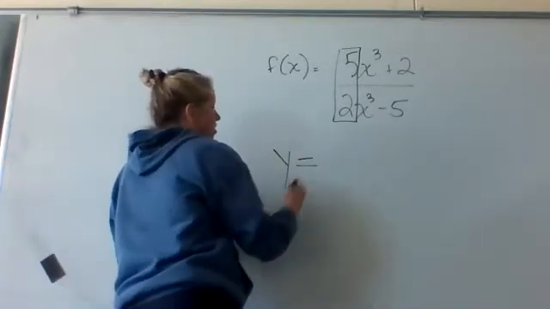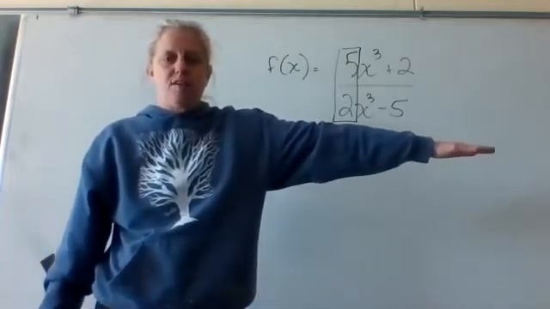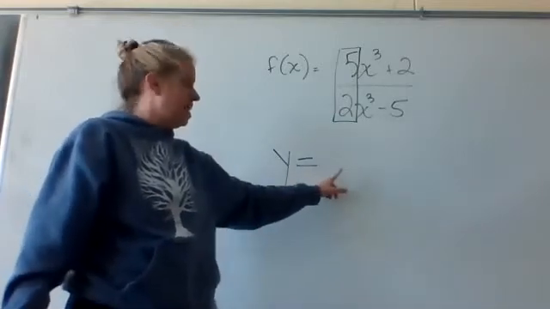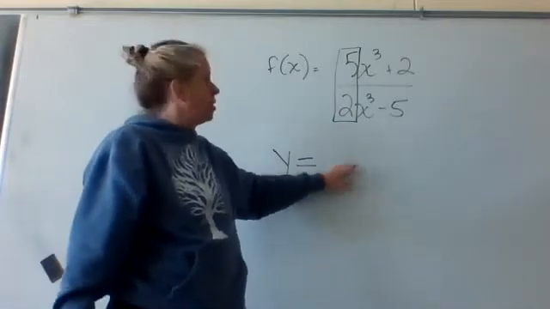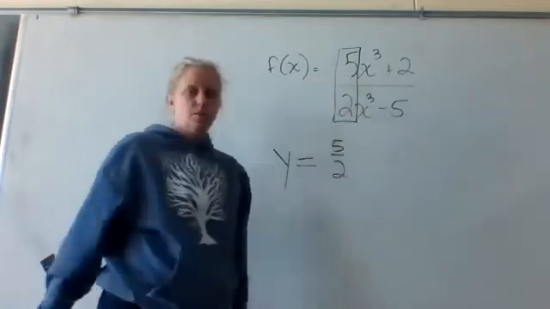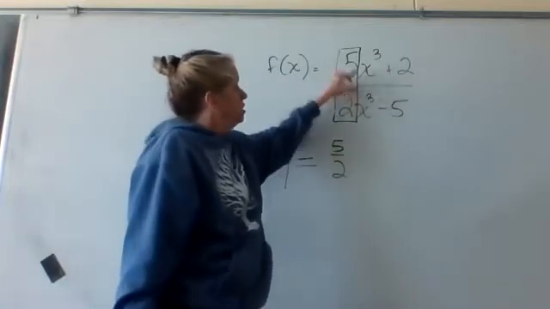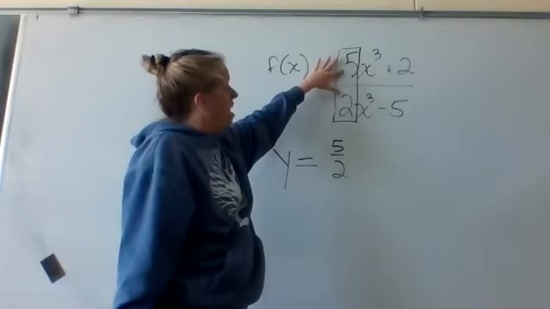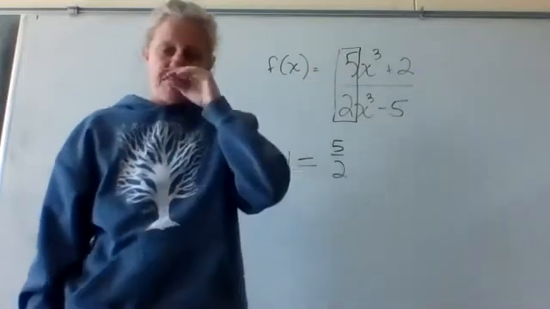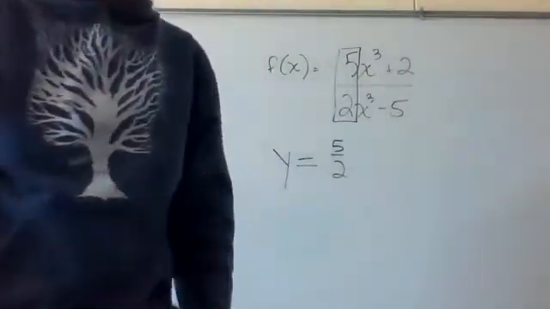And remember, horizontal asymptotes are lines that look like this, horizontal, straight left to right, which means they come in the form y equals a number, and this is the number, 5 over 2. Again, if your degrees are the same, your horizontal asymptote is y equals the leading coefficient of the top over the leading coefficient of the bottom.